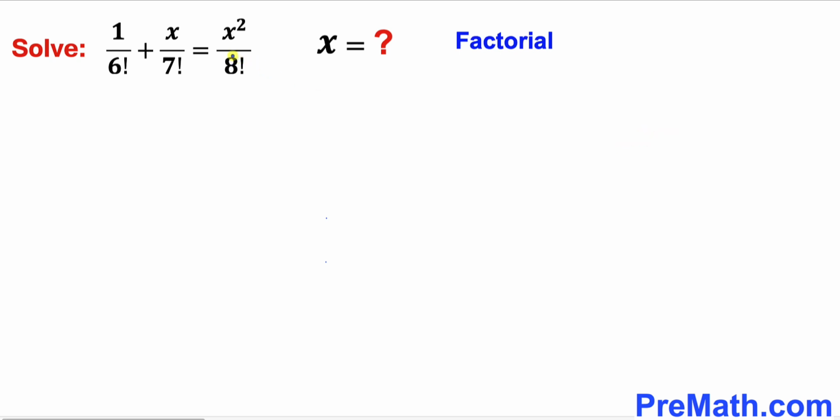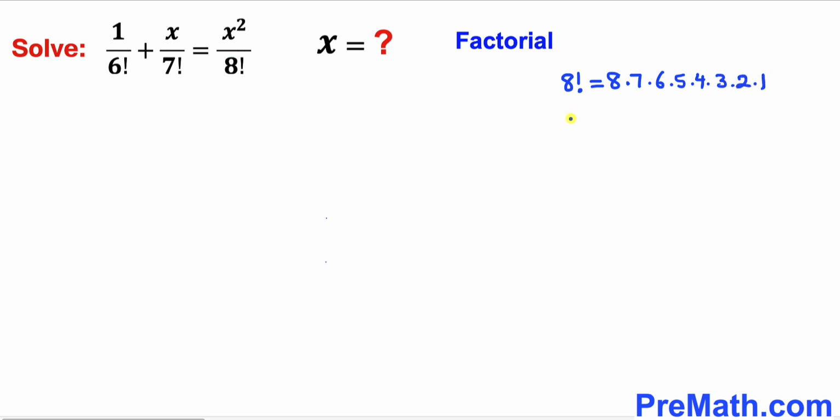And now let's focus on this 8 factorial at the denominator. I can write down 8 factorial as 8 times 7 times 6 times 5 times 4 times 3 times 2 times 1.